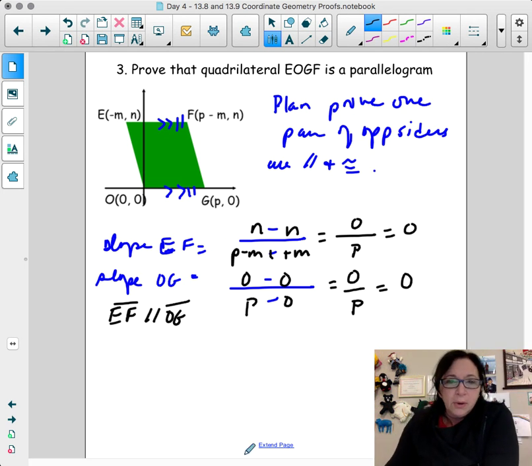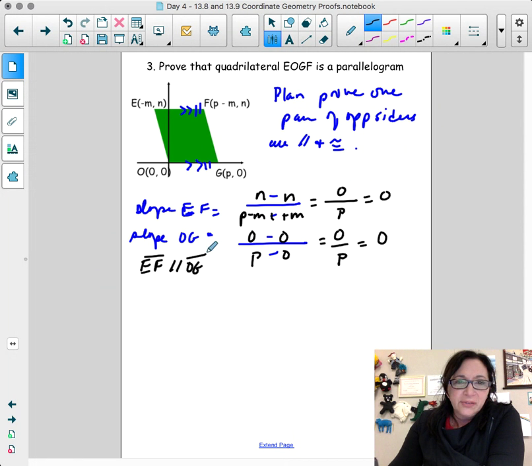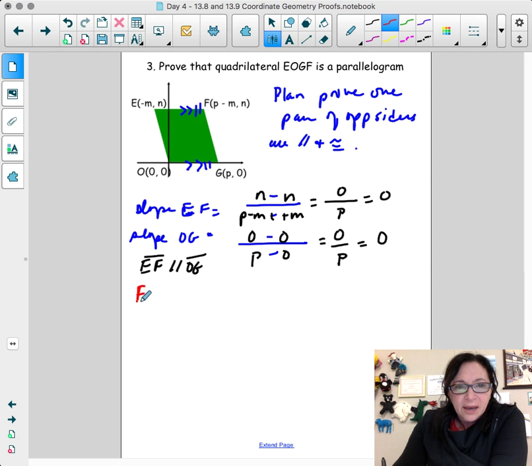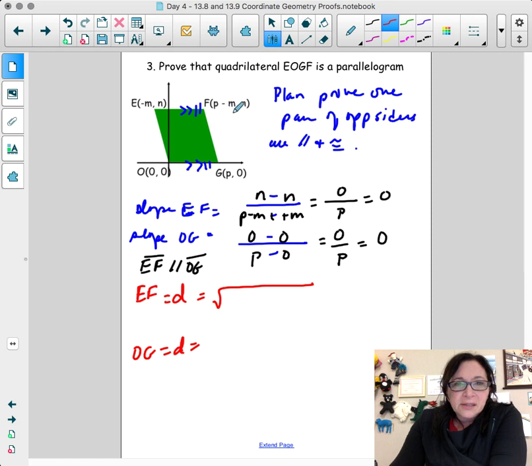Okay, so now I want to prove that one pair of opposite sides are congruent. So I want to find the length of EF, and I want to find the length of OG. Meaning I'm going to use my distance formula. So for EF, subtract my x's: P minus negative M, quantity squared, plus subtract my y's, N minus N, quantity squared.